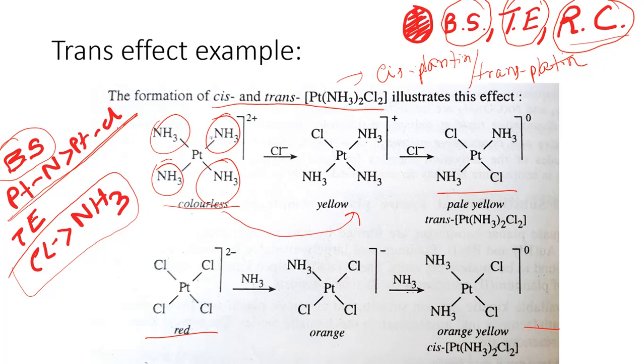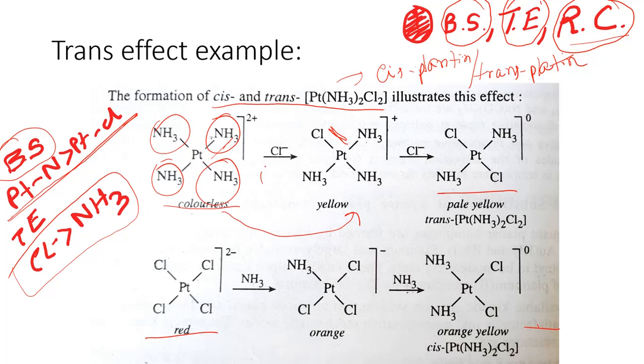So basically the platinum nitrogen bond would be stronger than the platinum chlorine bond. But what we are getting here is that one platinum nitrogen bond is being broken, whereas one platinum chlorine bond is being formed. So we are making a weak bond and breaking a strong bond. So the bond strength is not favoring the step either.